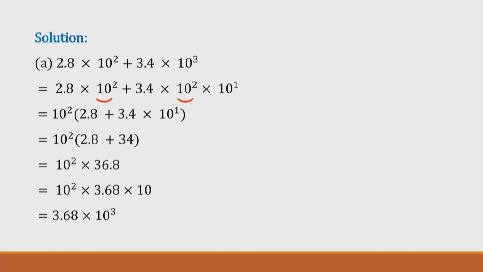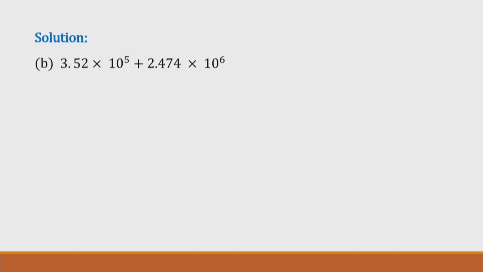Now part B. So again, I'm going to work with a smaller power. Which one is smaller? 10 power 5 or 10 power 6? Yes, 10 power 5. So we are going to rewrite 10 power 6 as 10 to the power of 5 times 10 to the power of 1. So 10 to the power of 5 is common.